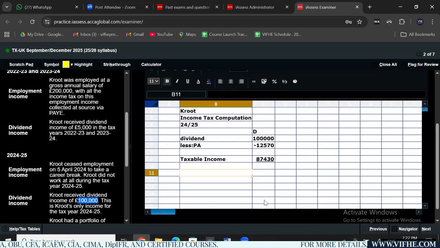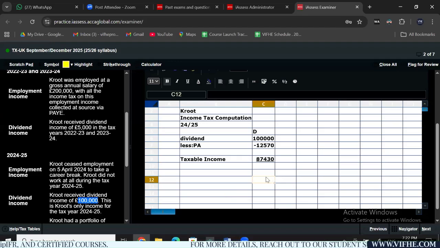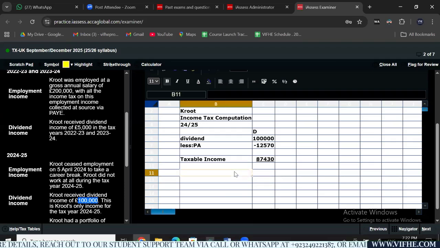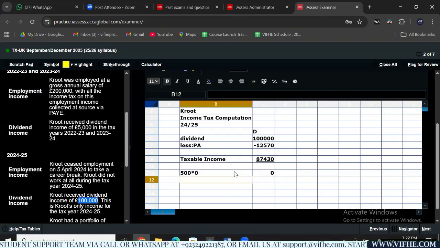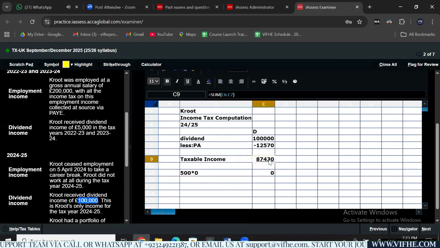So on the first 37,700, there happens to be a basic rate implication. But before that, one should not forget that there is a nil rate band implication. For dividends, the first £500 is always taxed at the nil rate. That means there's no tax liability on the first £500 of dividend.